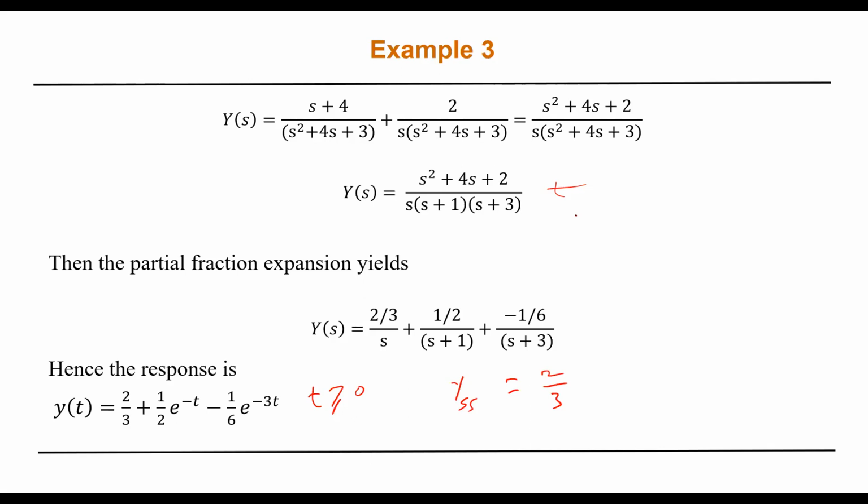Yes, now I get it. But you reach steady state only if your system is stable. If the system is unstable, for example, if I have in here the exponent e to the 3t, as t goes to infinity we don't reach steady state. It's going to be infinite.